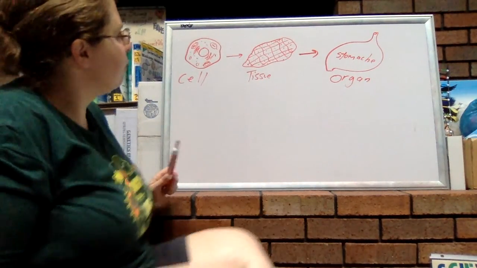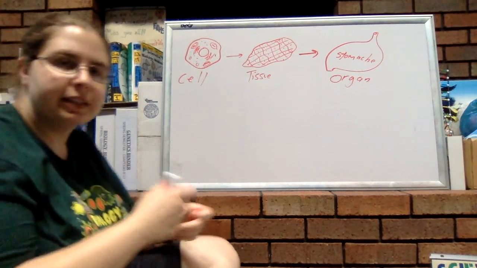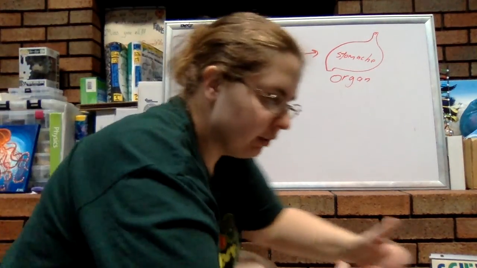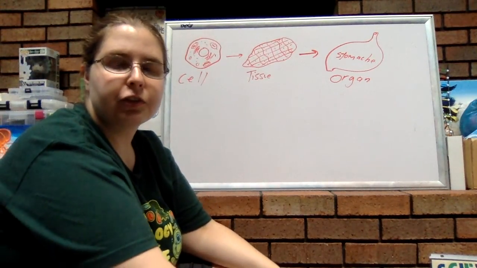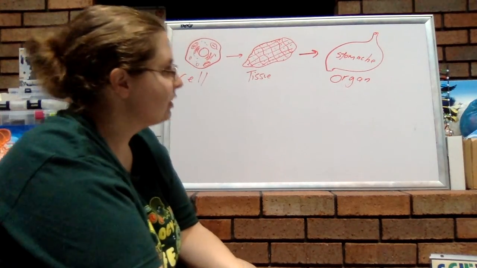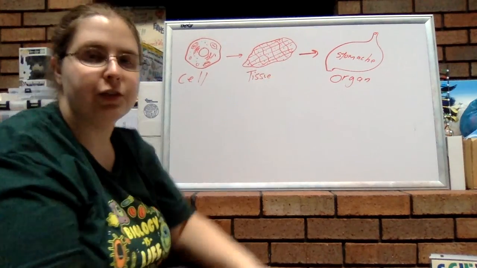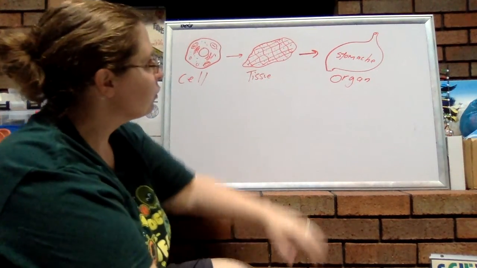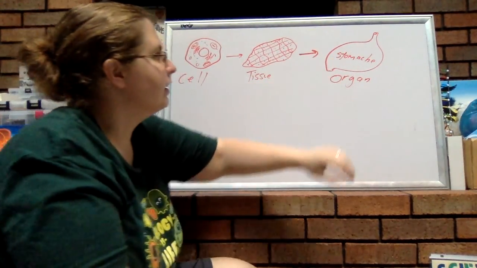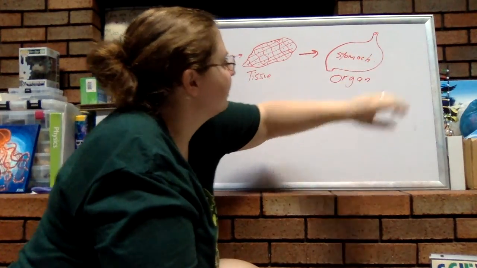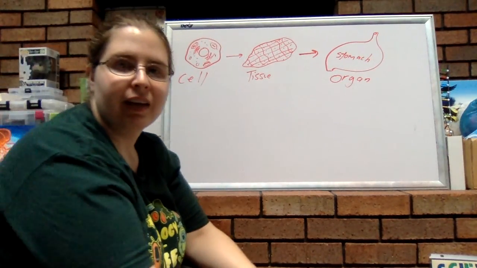So when you have multiple tissues coming together to build a larger structure, that structure is called an organ. Now what's going to happen is this organ is going to do the job that all the different tissues have been working towards. So we have tissue on the outside of, I don't think there's any on that, is there? I don't remember. Anyway, sorry.